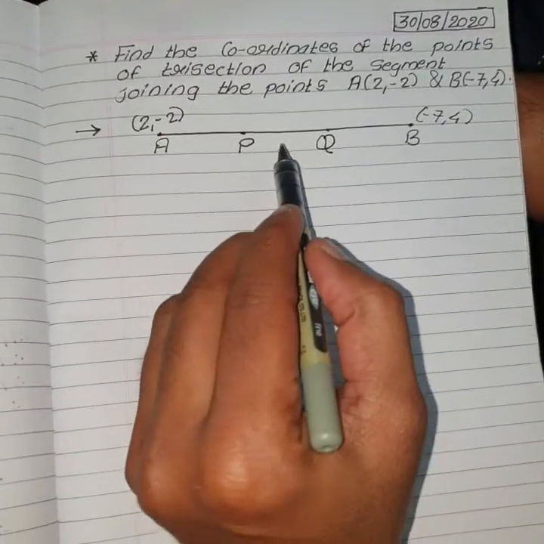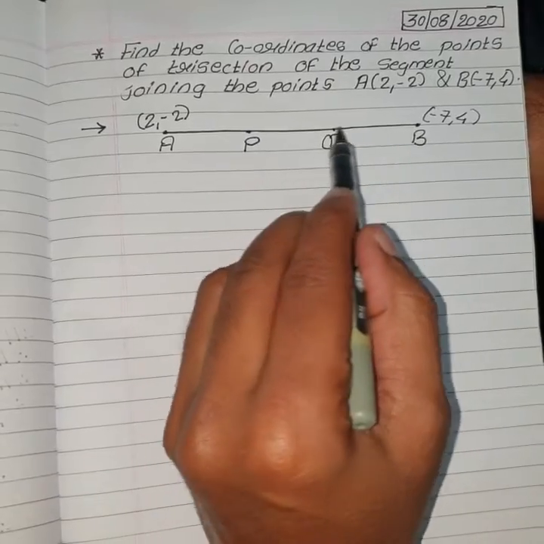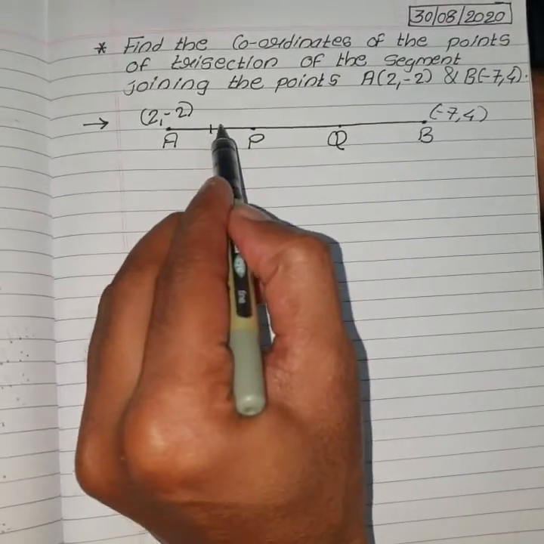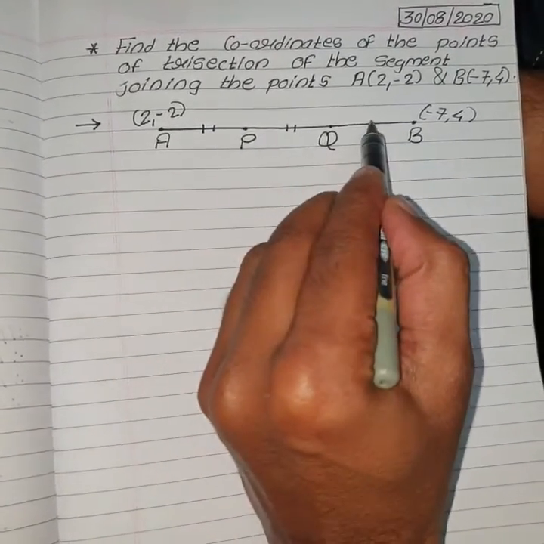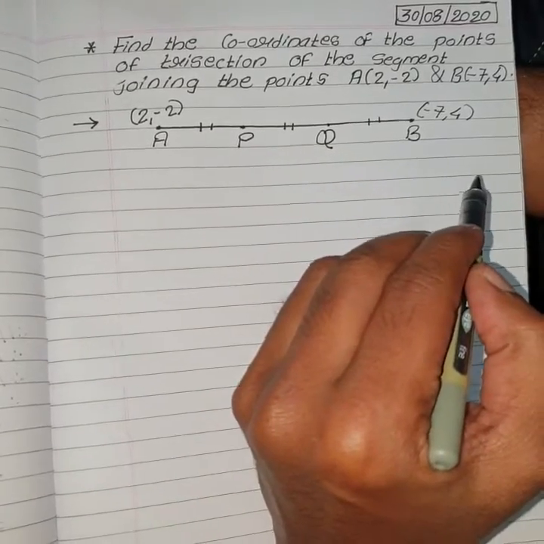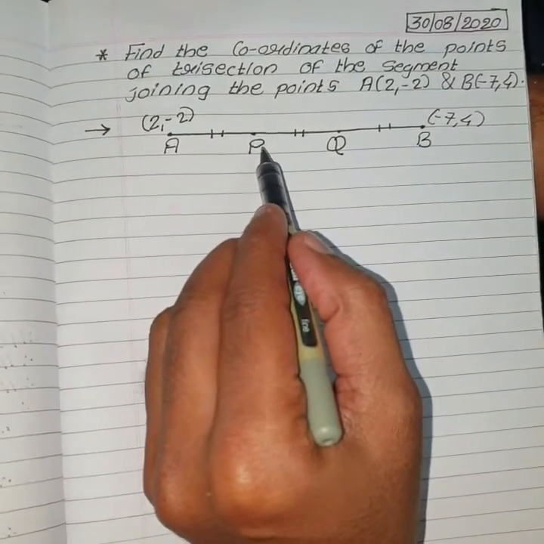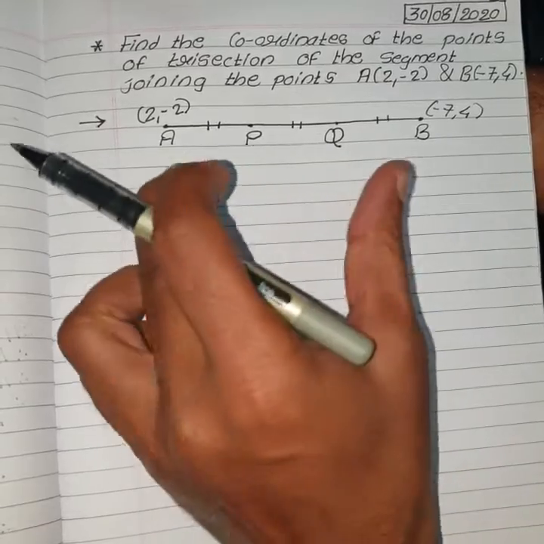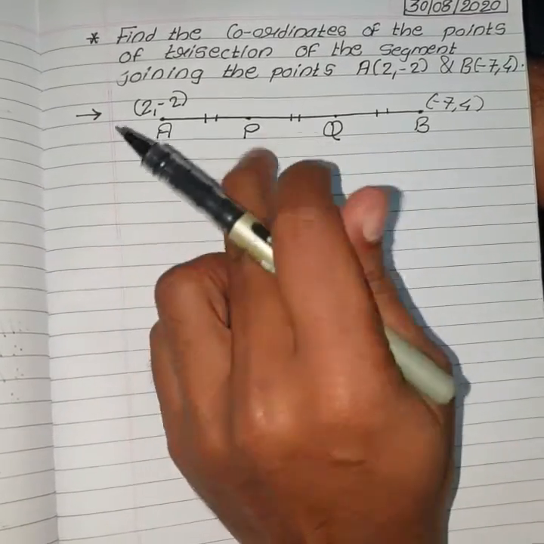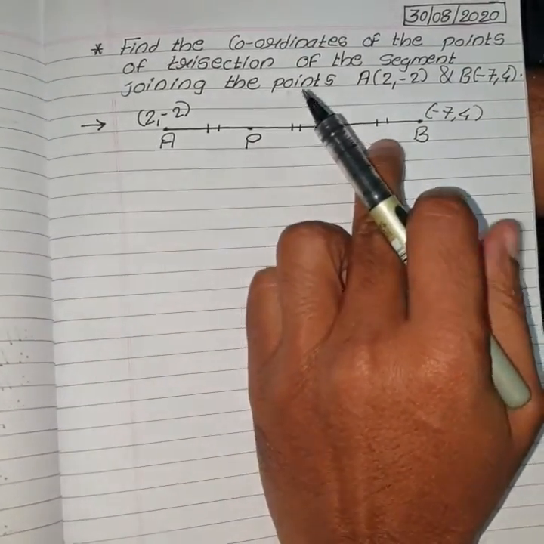So we have taken 2 points P and Q on segment AB such that AP is equal to PQ is equal to QB. Now what is happening? Because of the points P and Q, segment AB is getting divided into 3 congruent parts.